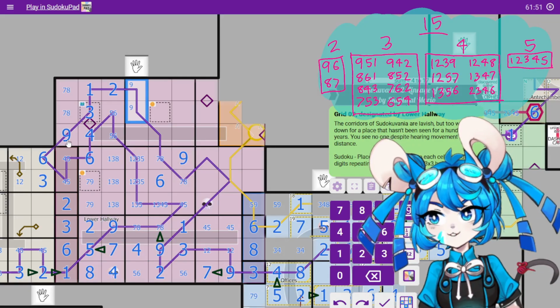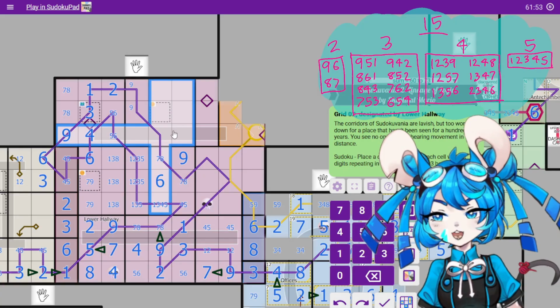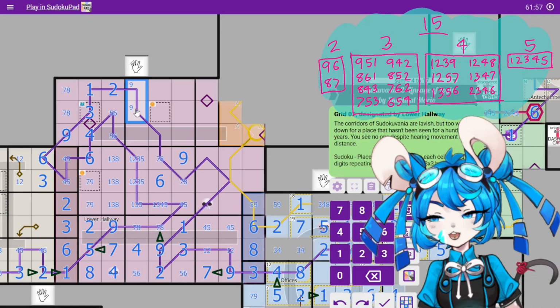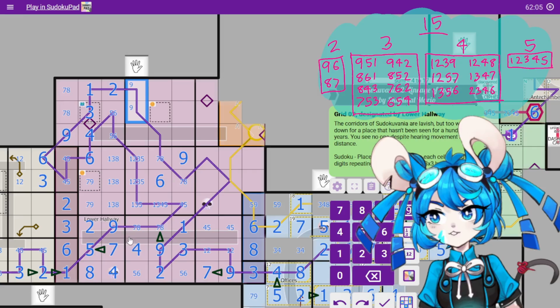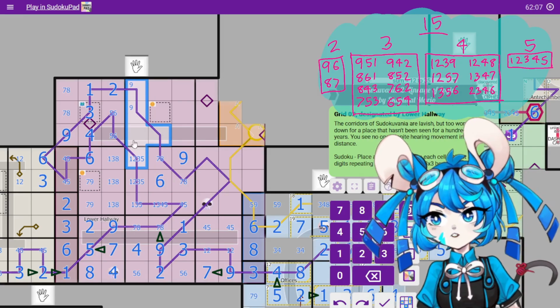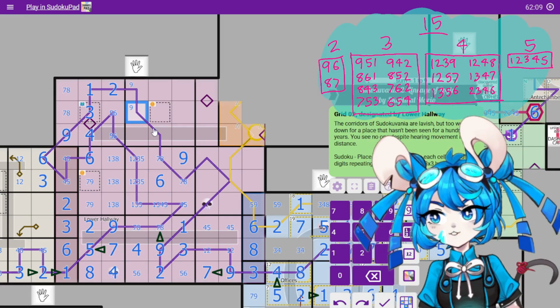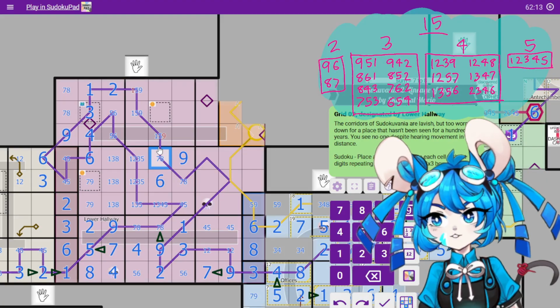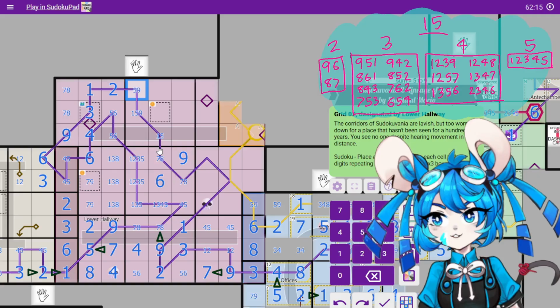In fact, there has to be a 9 by Sudoku, which means it's 951 or 942. And it cannot have a 4 because of the 4s here, so it has to be, in fact, 951. And this one can't be the 9, this can't be a 1.